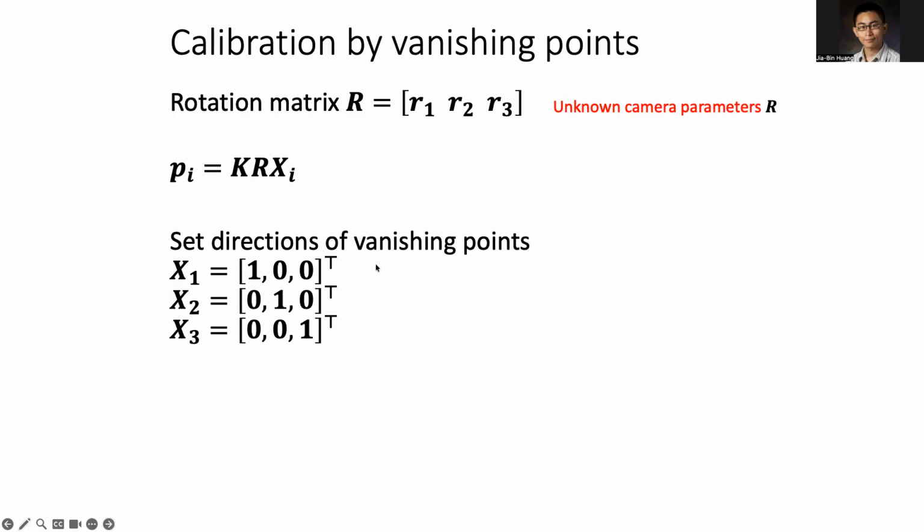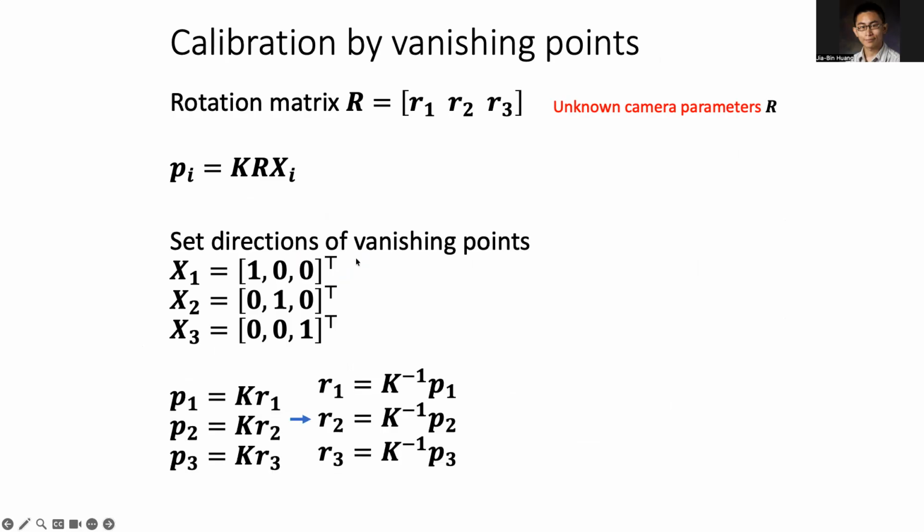So P1 just takes the first column of the rotation matrix, and the second and third points take the second and third columns.